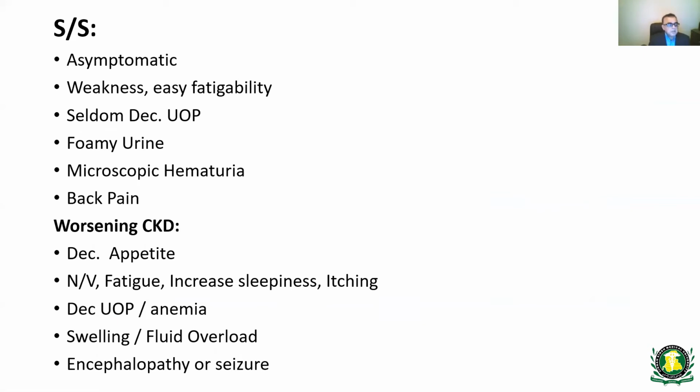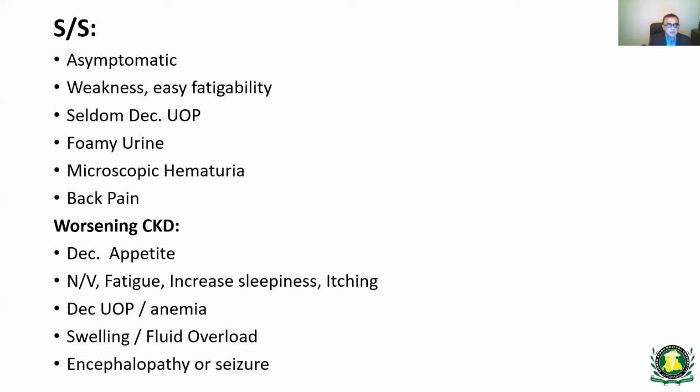Regarding symptoms, kidney disease is often referred to as a silent disease, and patients can be asymptomatic. It is often detected by blood tests showing elevated creatinine and abnormal urine tests. Patients might have some weakness and easy fatigability. Very rarely we see decreased urine output with early kidney disease. Foamy urine can represent proteinuria.